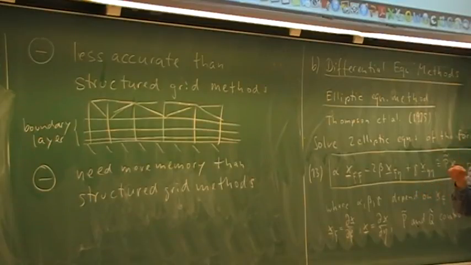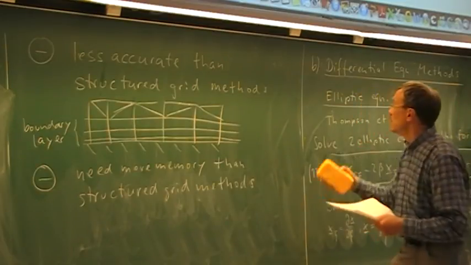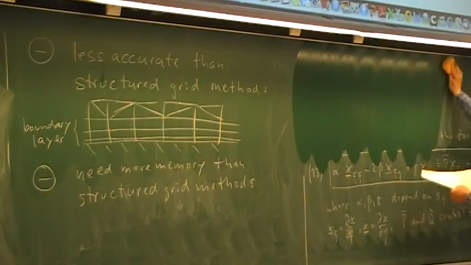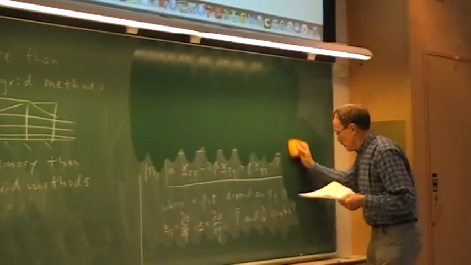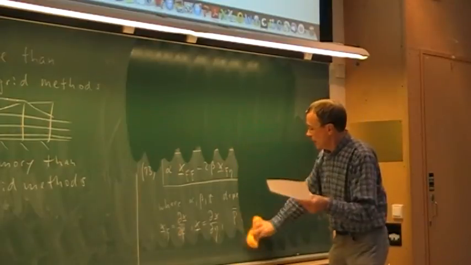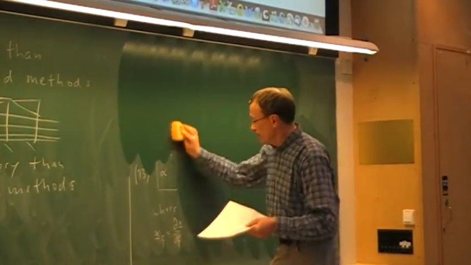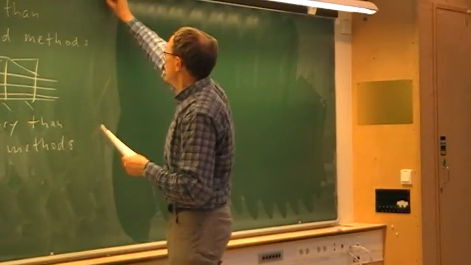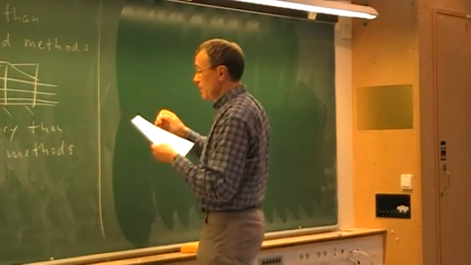You must provide the so-called connectivity. And that takes, of course, also memory. So you need more points, and then you need more data for the connectivity. So connectivity information is required.